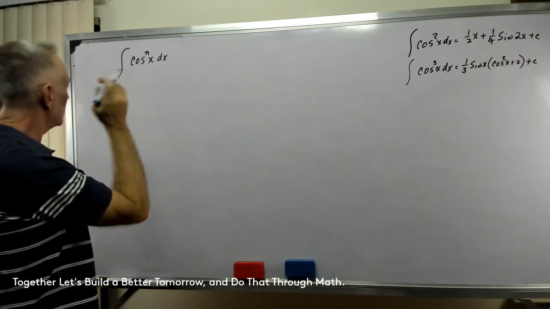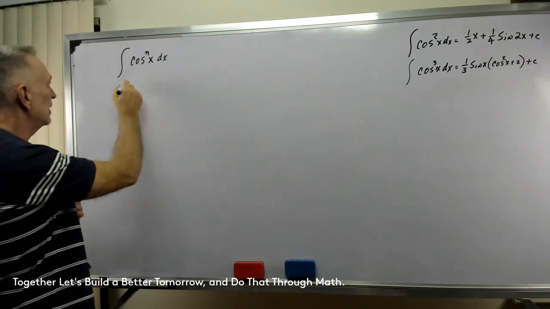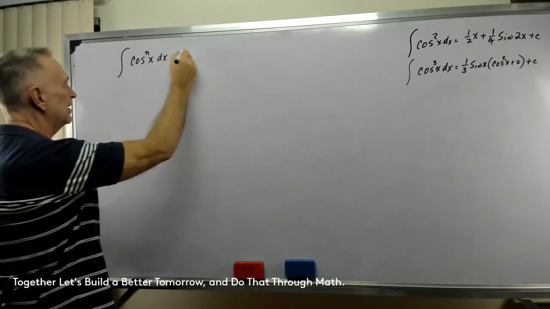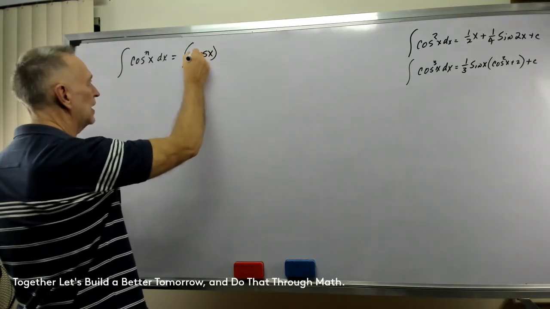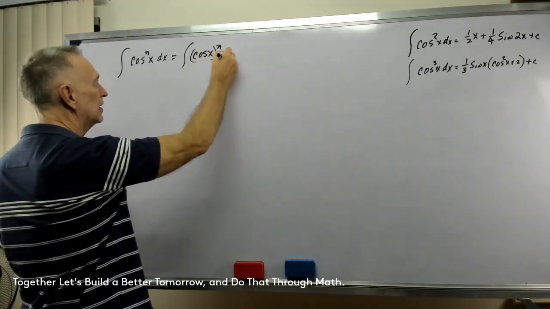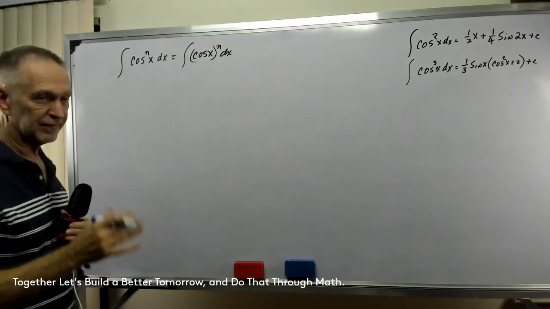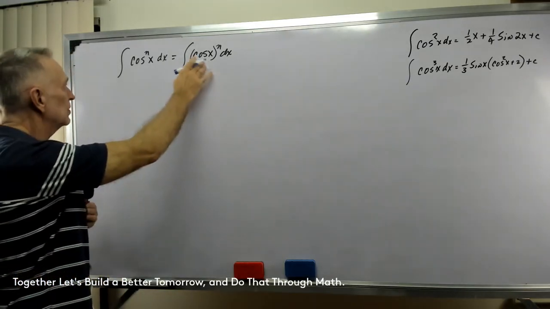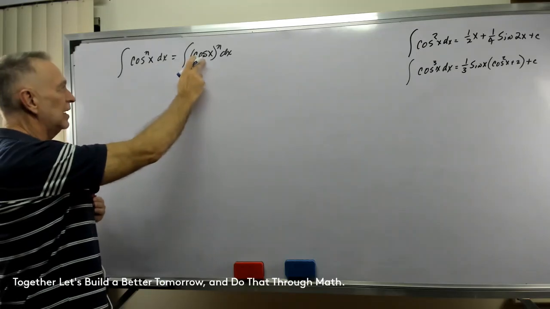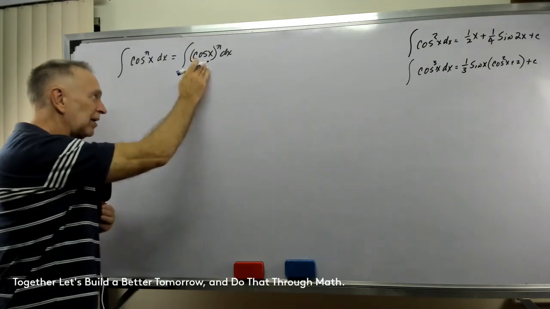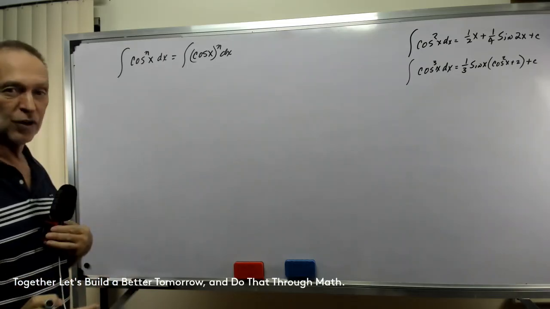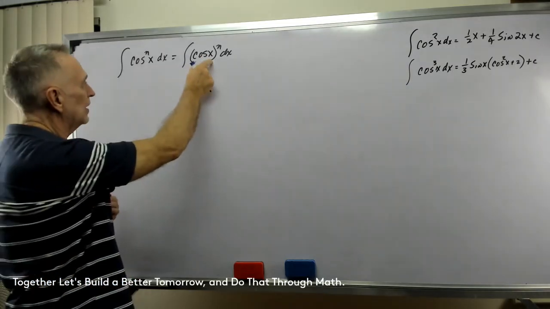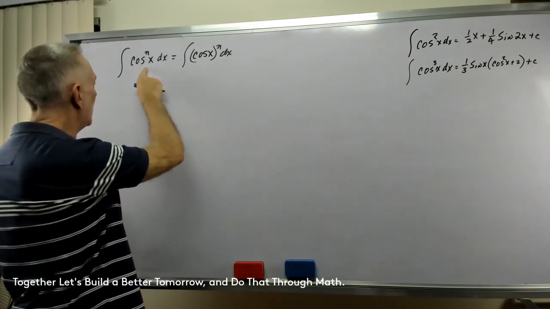Okay, we're going to take the integral of cosine x raised to the n dx and write it this way. You're all aware this and that are the same. To me, it's just more clear because every other number or variable we look at, we use it in this form, not that one.